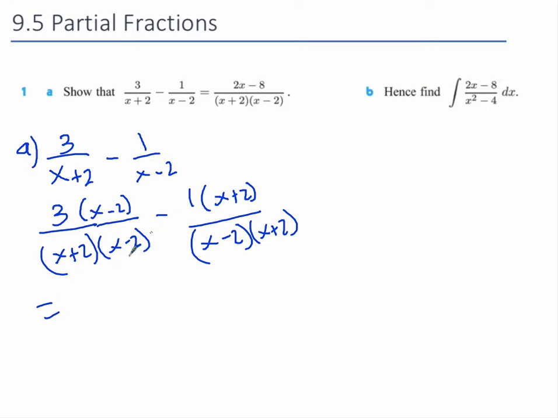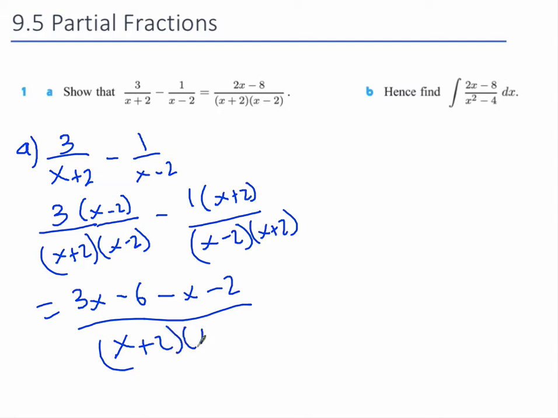The numerator becomes 3x minus 6 minus x minus 2, and the denominator we'll keep the same. And that simplifies to 2x minus 8 over x plus 2, x minus 2, as required in the question.